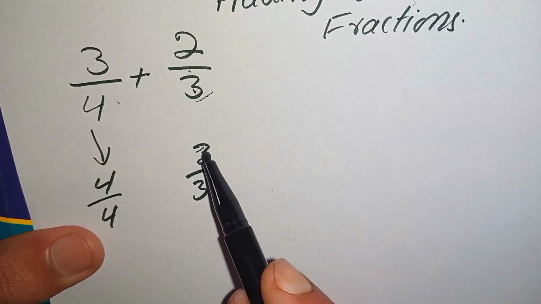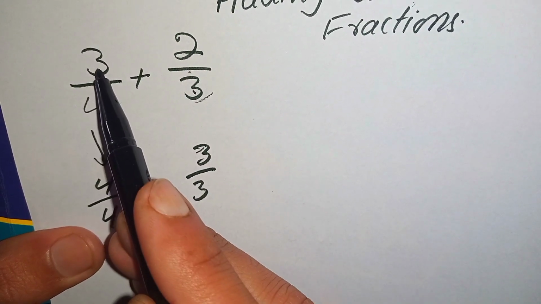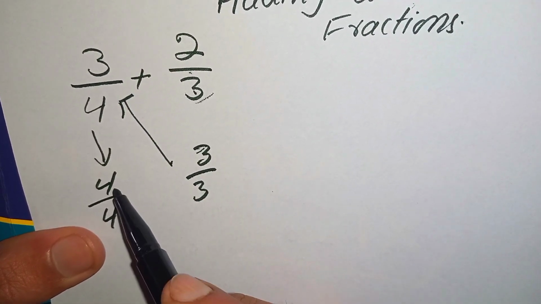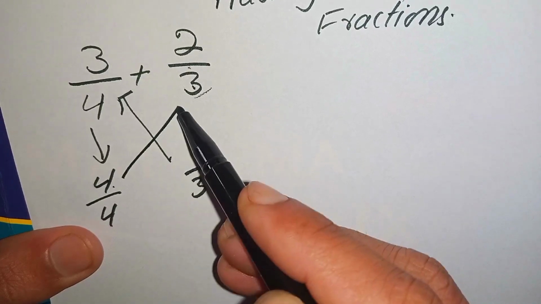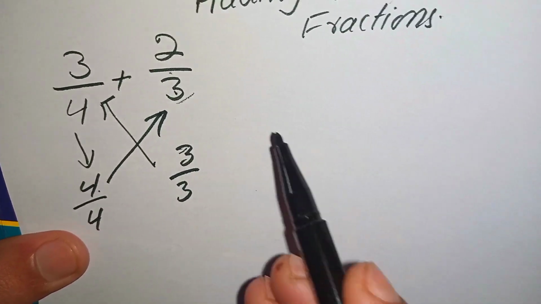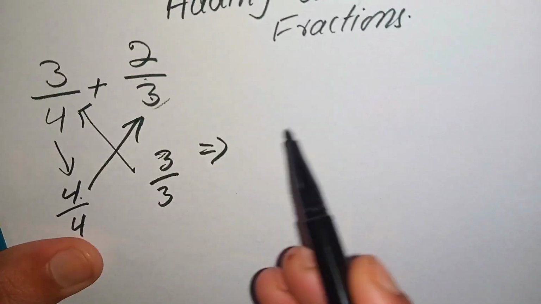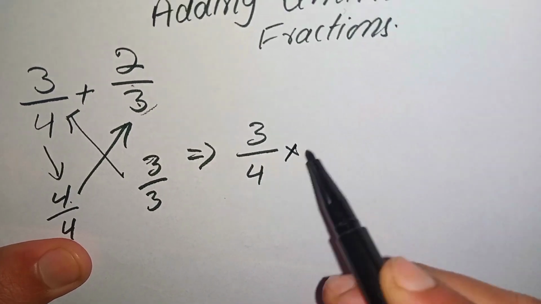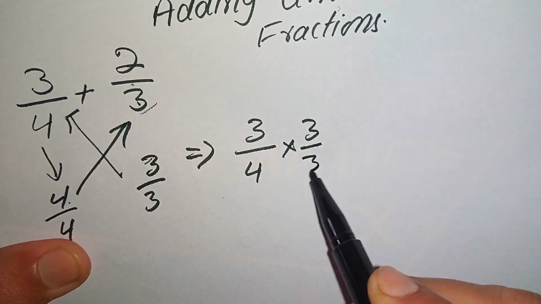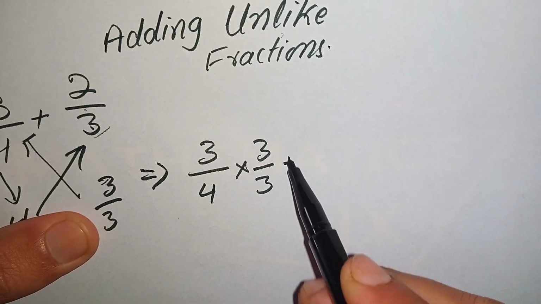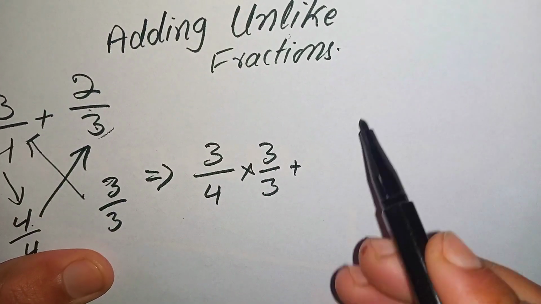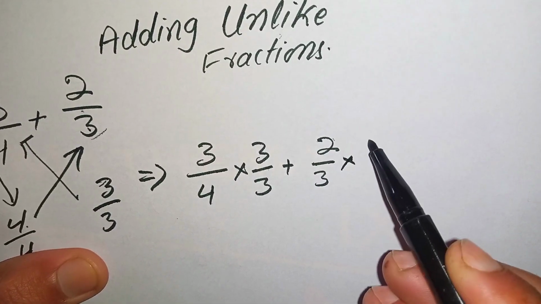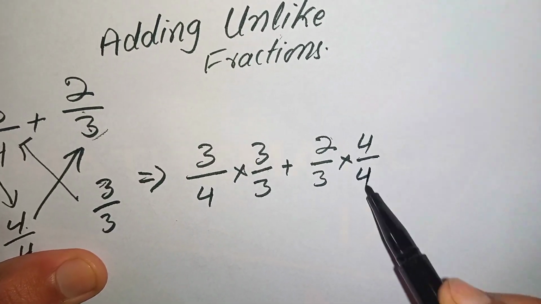Now multiply this 3 over 3 with this 3 over 4. It is a very easy method. And this 4 over 4 with this 2 over 3. So write it simply: 3 over 4 multiplied by 3 over 3, plus 2 over 3 multiplied by 4 over 4.